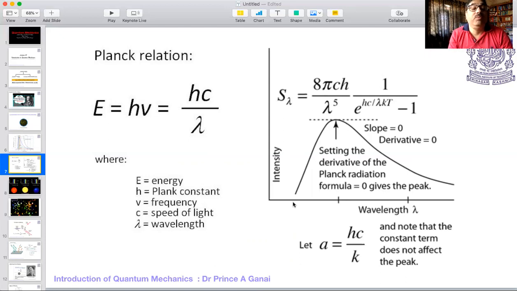So this was a very big giant leap in our development of new physics. In fact, our concept that light is a continuous form of energy was completely discarded by Planck, and he had this new idea that light does not have a continuous form of energy.